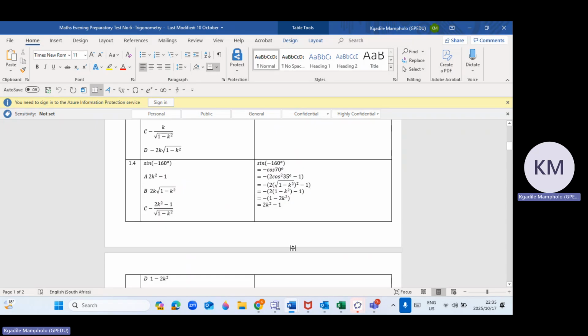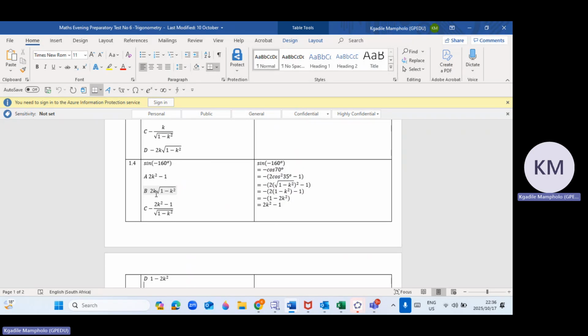The next one is 1.4, sine of minus 160. When you talk about negative angles in trigonometry, you move clockwise. So minus 160 is in the third quadrant, and sine in the third quadrant is negative. We want to change it to 35.